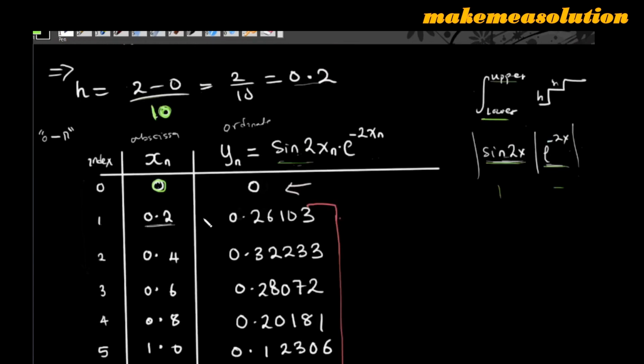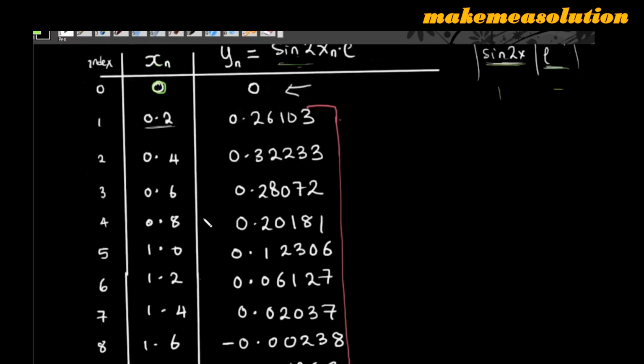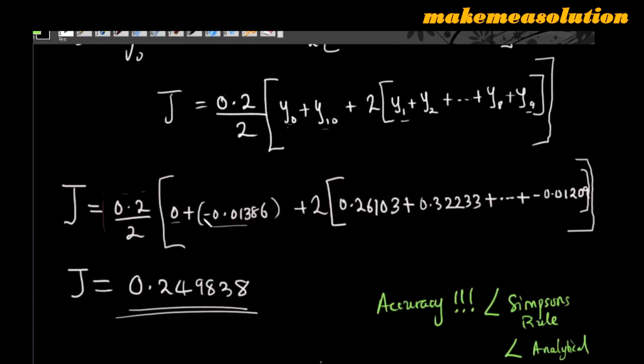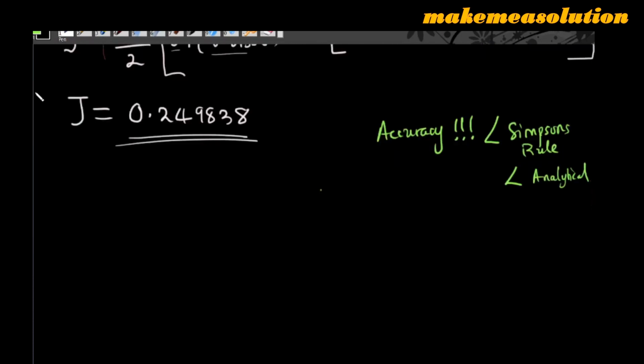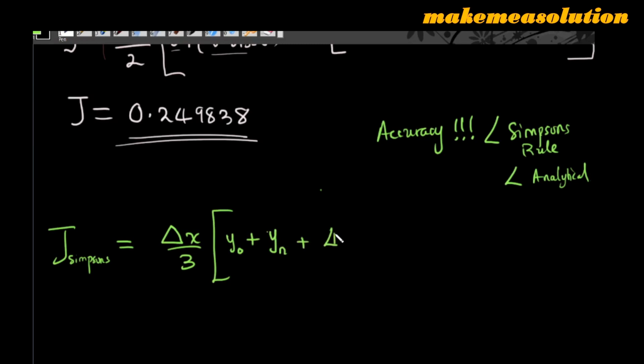Let's say I prepared this table, okay, and I want to use Simpson's rule to find the value of my J Simpson's. So the formula is going to be delta x over 3. So this is for Simpson's rule. As usual, you have your first value plus last value, this is your yn, then plus you now have 4 times summation y odd plus 2 times summation y even.